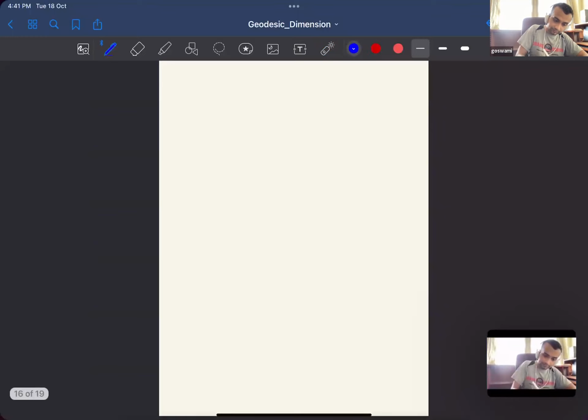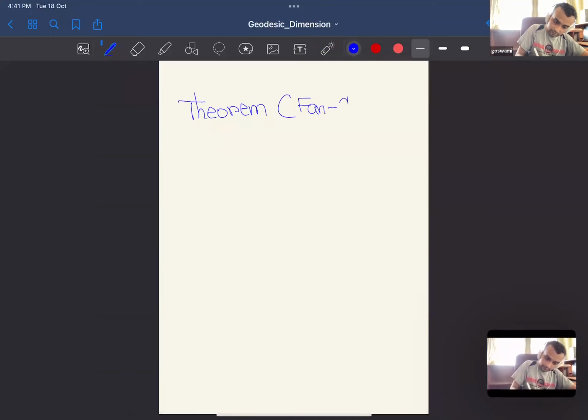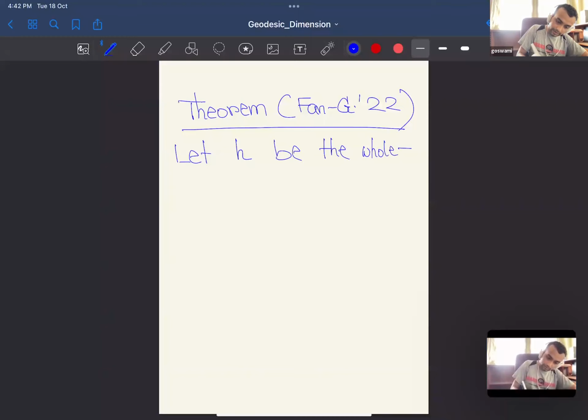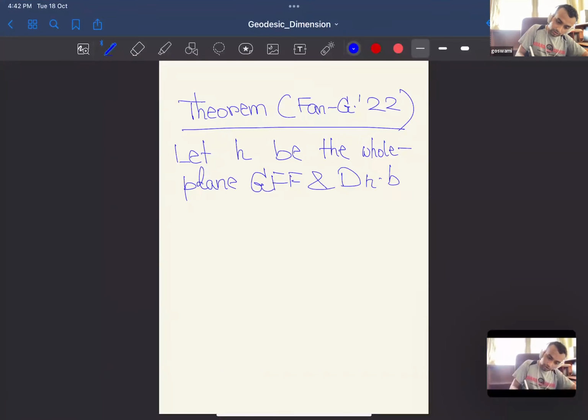So the theorem is, let's say, by myself: let h be the whole-plane GFF, and D_h be the associated Liouville quantum gravity metric.